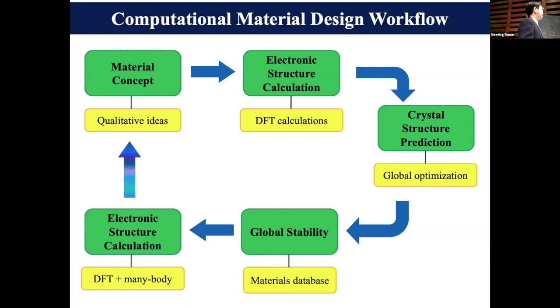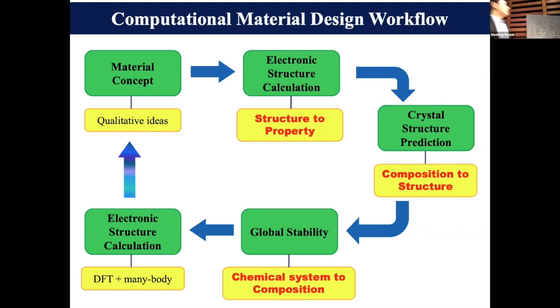So this step enables us to provide another qualitative idea. The computational workflow shows a cyclic process. The electronic structure calculation shows the structure to property, the crystal structure prediction shows composition to structure, and the global stability shows the chemical system to composition.